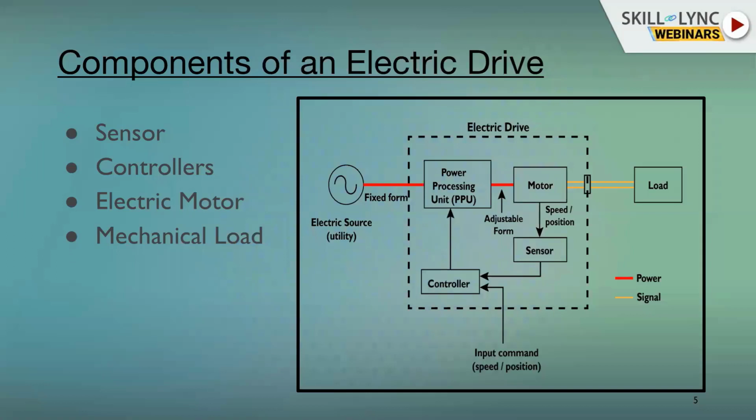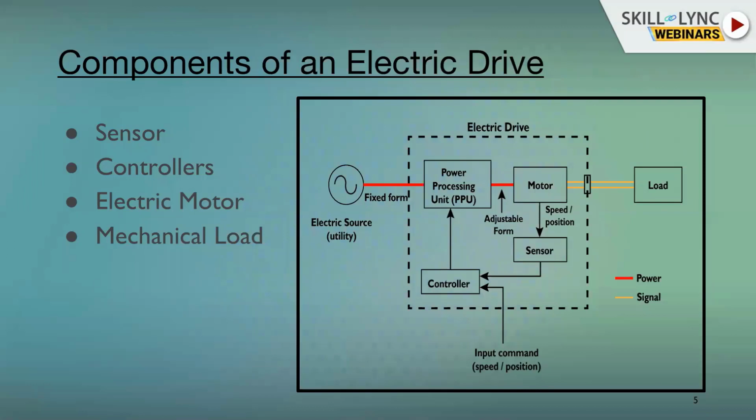The power flow is basically what is being provided to the motor through the power processing unit. And the signals are basically signals which are used for sensing the mechanical load position, or it could be used to sense the motor speed. So these sensor signals are basically coupled to the controller.